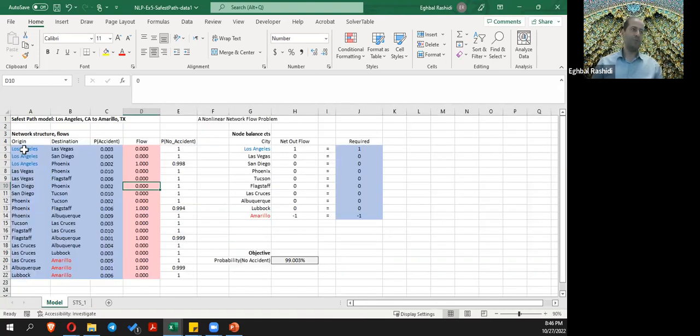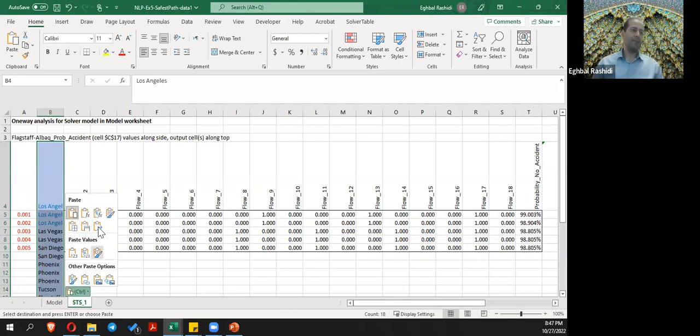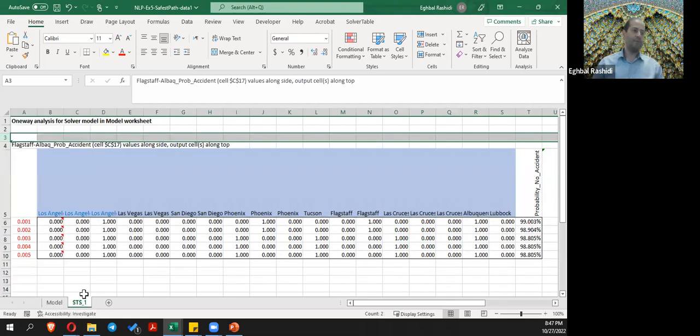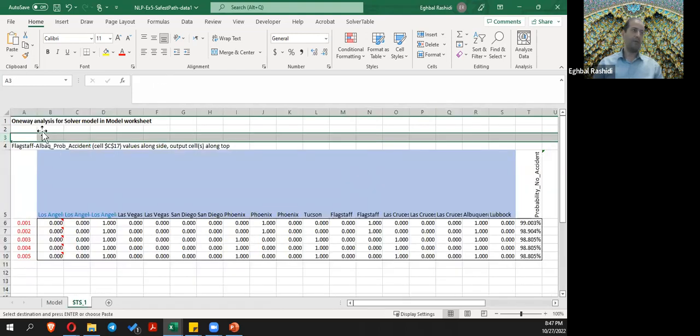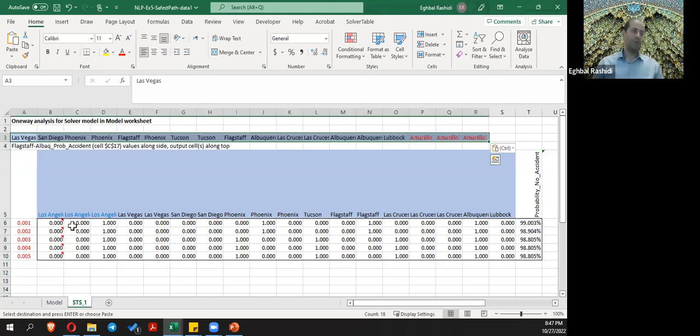So I'm going to select these origins and put them here in the diagonal. I'm going to insert the row here and copy the destination. I'm going back here to put it back.